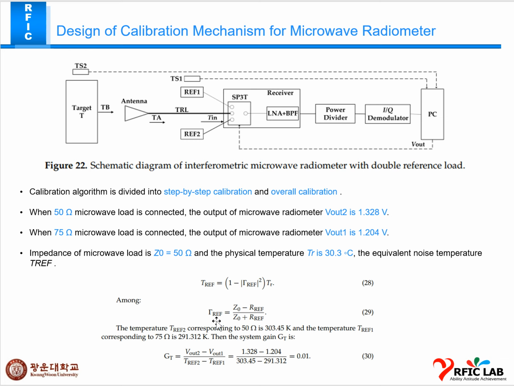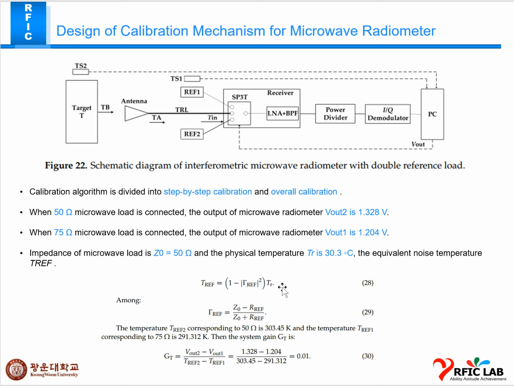When we have the impedance value and the reference 1 and reference 2 values, we can use this formula. And then the temperature reference corresponding to current 50 has the output of 330.45 Kelvin, and this is T1.